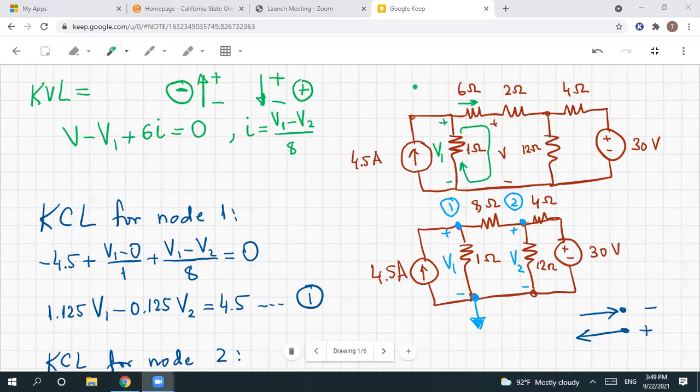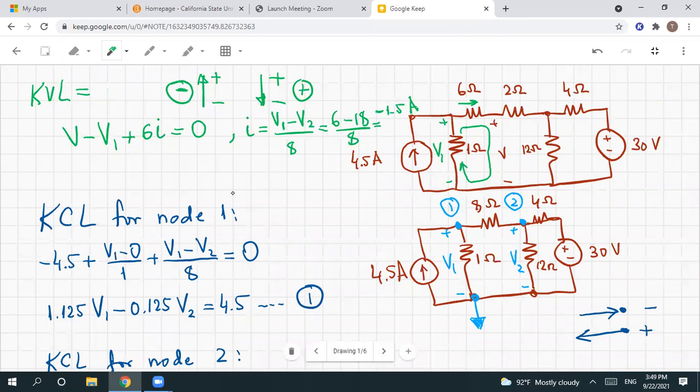Yes, V1 minus V2. Okay. V1 is 6 minus V2 is 18, divided by 8, so it will be negative 12 over 8, so it will be negative 1.5 amperes. So this is the current.